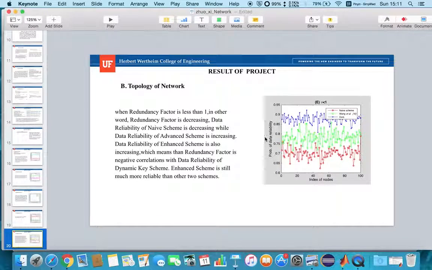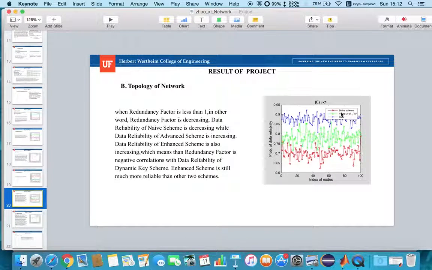And picture 5 shows that when the redundancy factor is less than 1, in other words, the redundancy factor is decreasing, the data reliability of the naive scheme is decreasing.